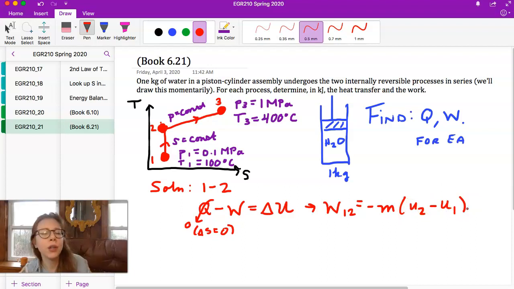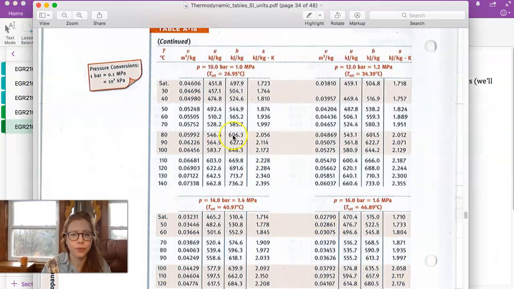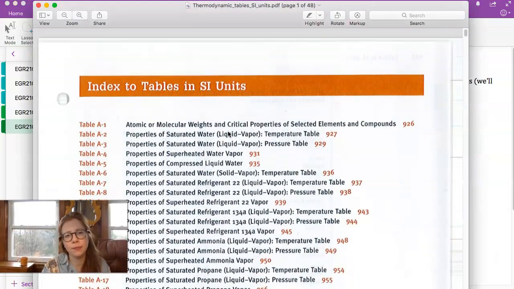Okay, and so we know we're dealing with water here, and so now let's look up all the associated information. Since we have T and P, we can look up V1, U1, S1 in table A4. Let's go to table A4.